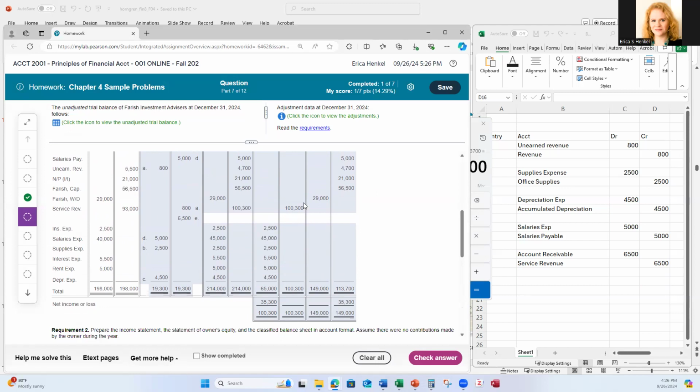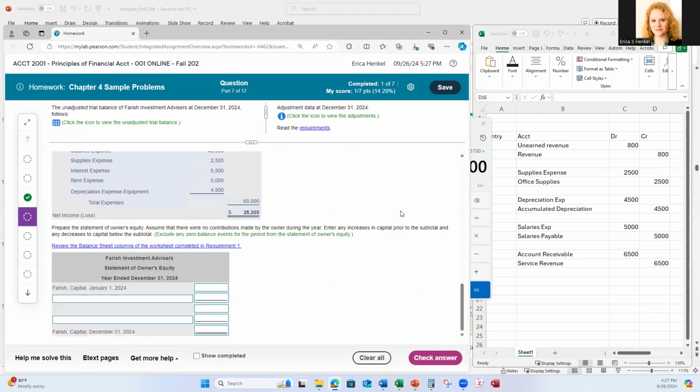So what ends up happening when we do those entries is we end up ultimately debiting service revenue to zero that account out and crediting it into capital long-term via the income summary account, which hopefully you have walked through in the videos of what is the closing process and how do we close the accounts. There are two videos out there, which hopefully you've already watched. If not, now would be a good time to watch them.